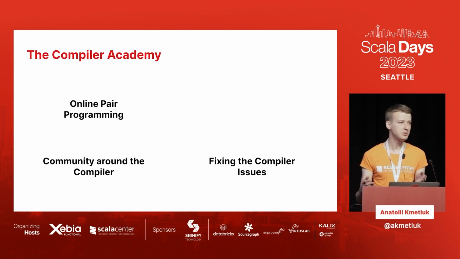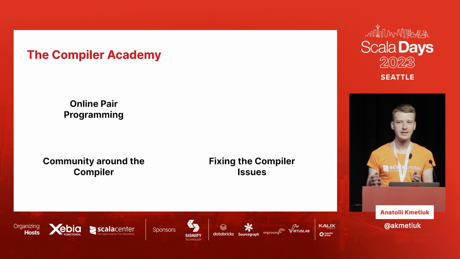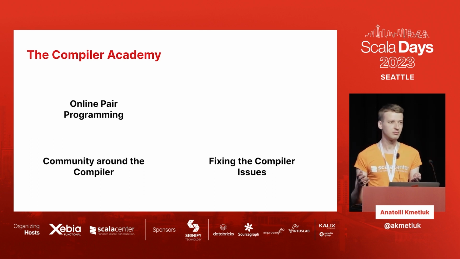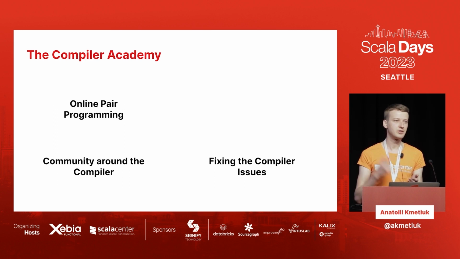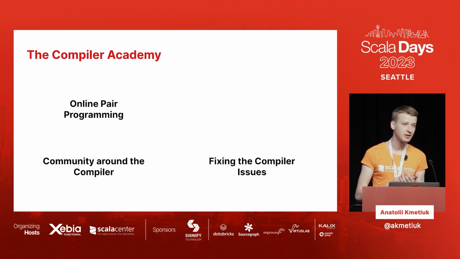By the community around the compiler, I mean that there are people who are working on the compiler anyway, but they don't necessarily get in touch with each other too frequently. They don't necessarily have an opportunity to, because they may be in different teams or in different geographical locations.